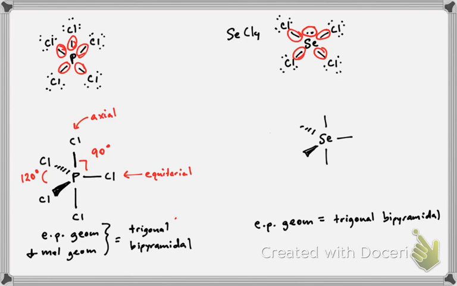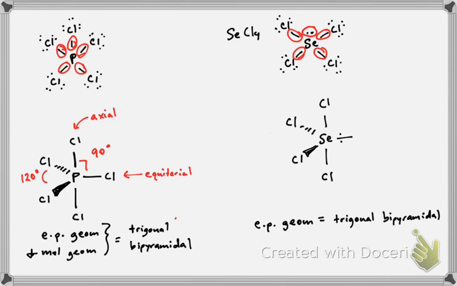Okay, so I am going to put the lone pair here. I could have picked the other positions, but I'm going to pick it right here at the equator, and we'll put the chlorines on the other positions.